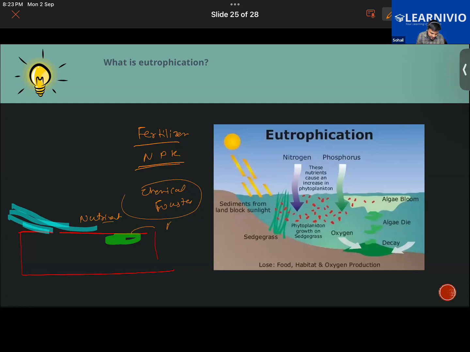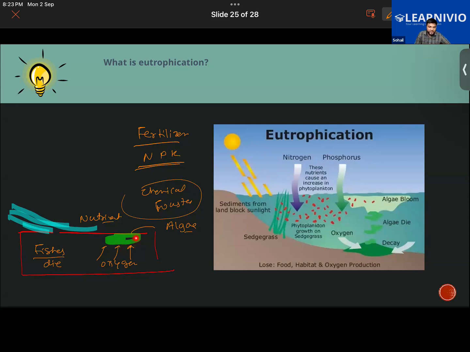So alga will feed upon that waste, and as its number multiplies, it will require oxygen. So it will suck up more oxygen from the water. If it is sucking up more oxygen, will the fishes not die? Fishes will die. Getting it, guys?